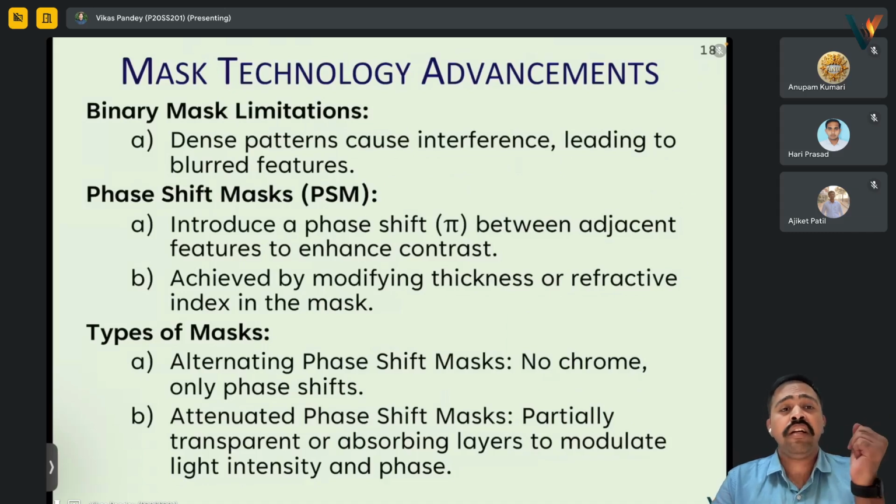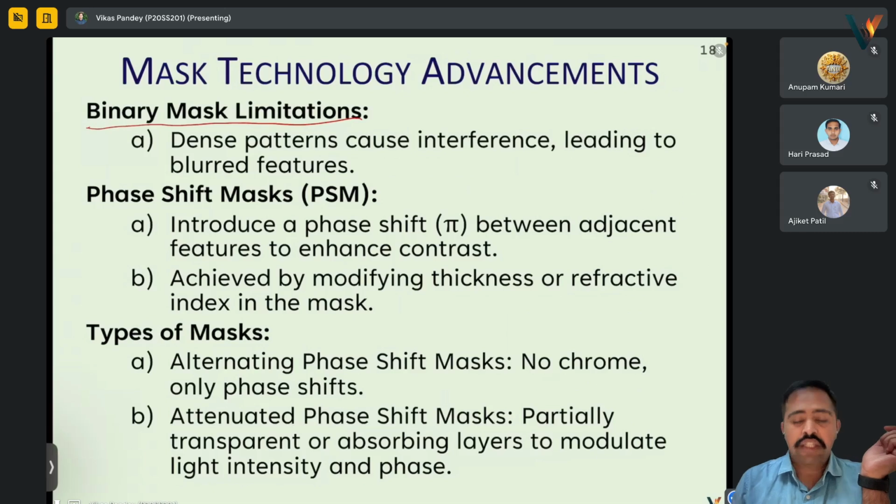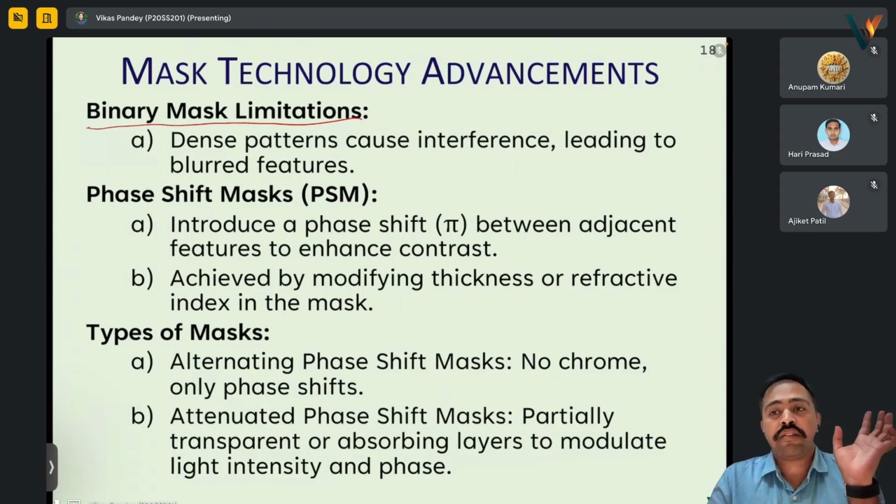Then if we talk about mask, we saw that the basic one is the binary mask, opaque and transparent. But this has some problems: when we have dense patterns, they can cause interference and lead to blurred features. So the phase shift mask has a phase shift of pi between adjacent features.